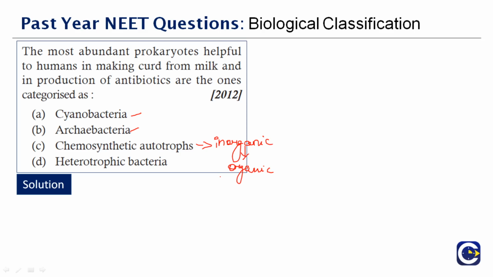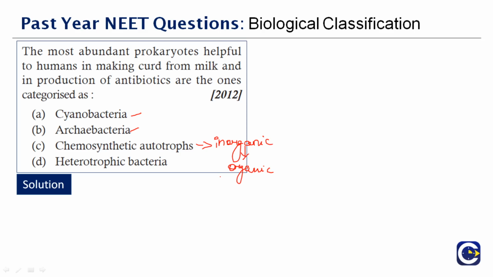So it's somewhat similar to a plant, because plants absorb energy through photosynthesis. Here also it is the same scenario, where they use an inorganic source of energy and convert it into an organic source. So what about heterotrophic bacteria? Heterotrophs are not able to prepare their own food, right?